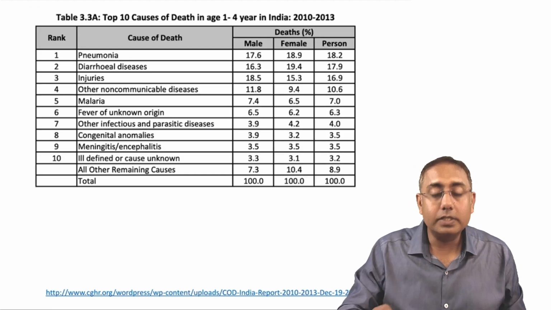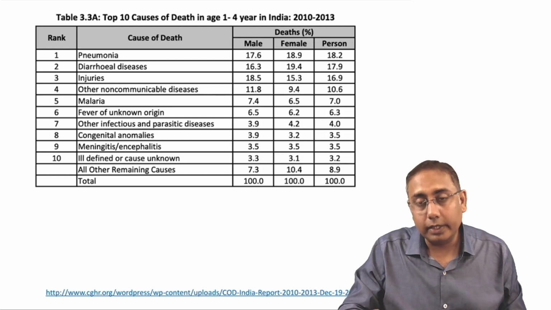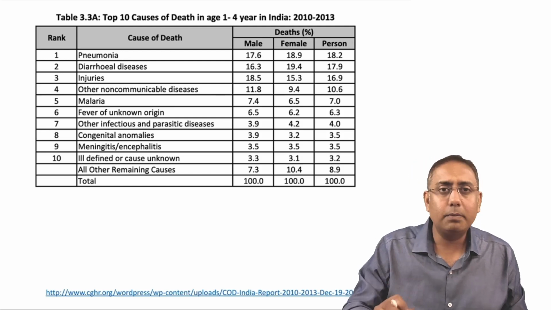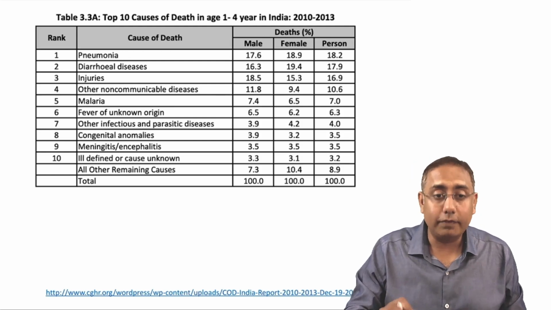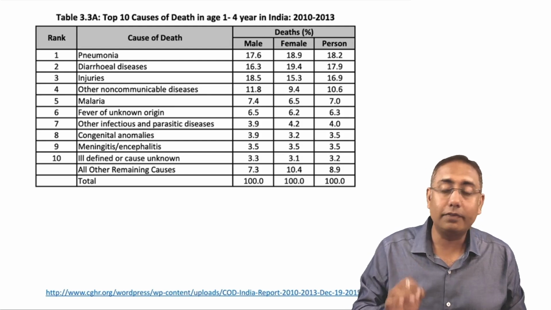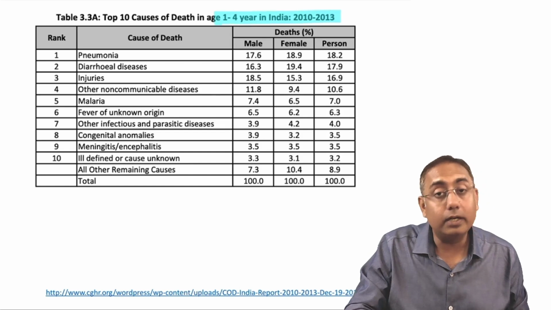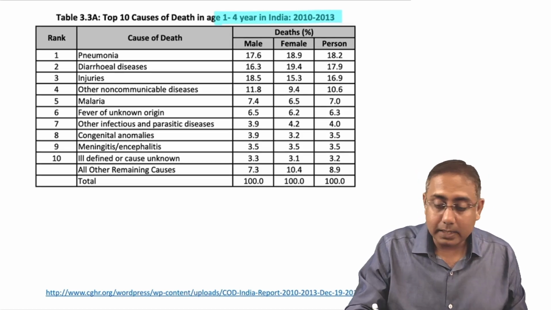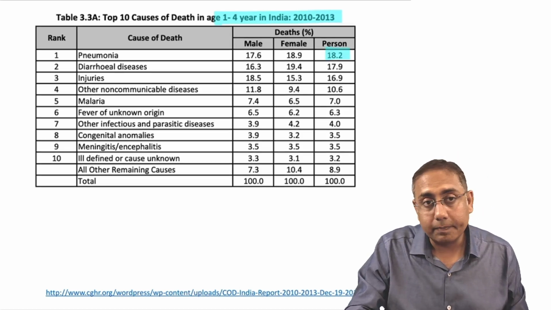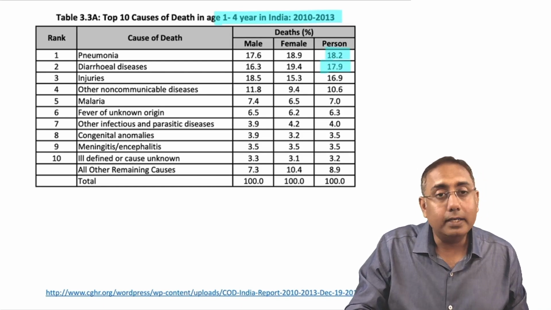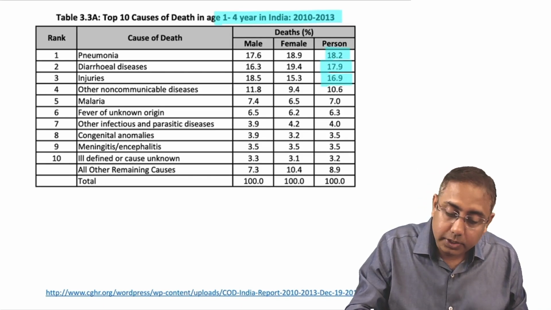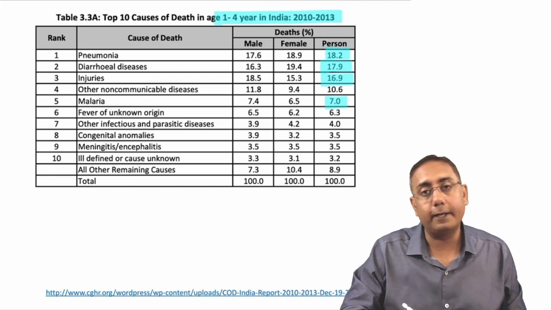The report of this data, 2010 till 2013, shows the top 10 causes of death in age 1 to 4 years. The maximum was for pneumonias. Second was for diarrheal diseases. Third is for injuries. And finally for malaria.